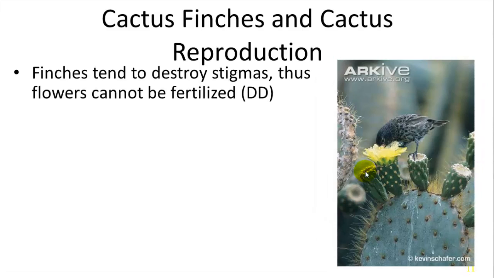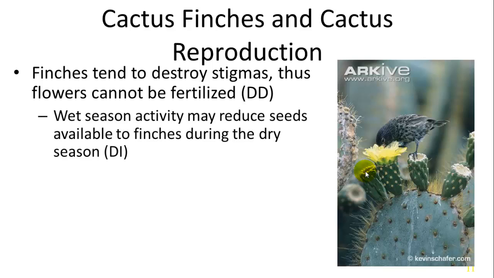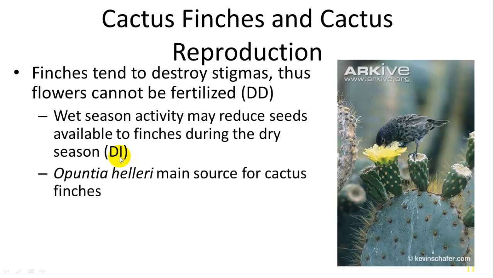Finches tend to destroy the stigmas, so the cacti can't be fertilized, and so they can't disperse and grow. Wet season activity also may reduce the food available to finches during the dry season. If they're destroying the reproductive structures, that's a density-dependent factor. The wet season activity would be density-independent, weather-related.